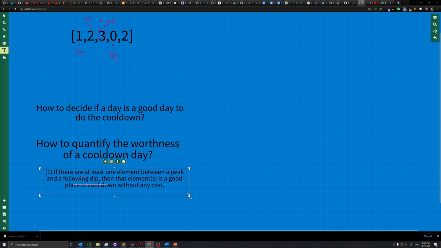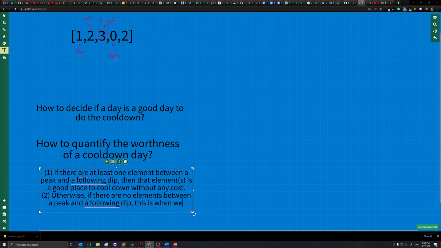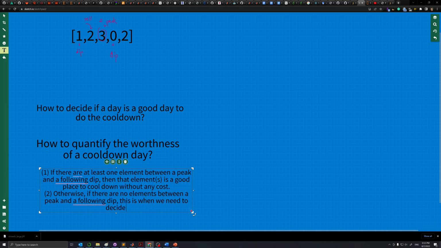Otherwise, if there are no elements between a peak and a following dip, this is when we need to decide where to place the cooldown.